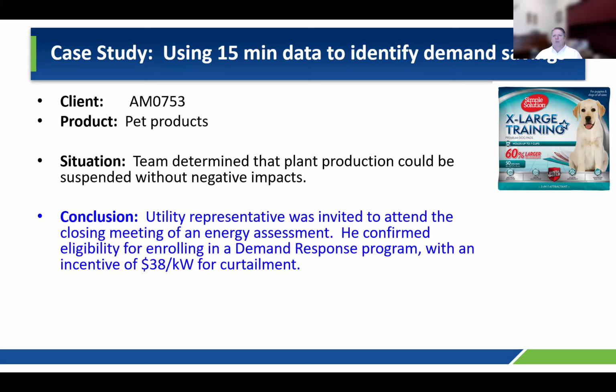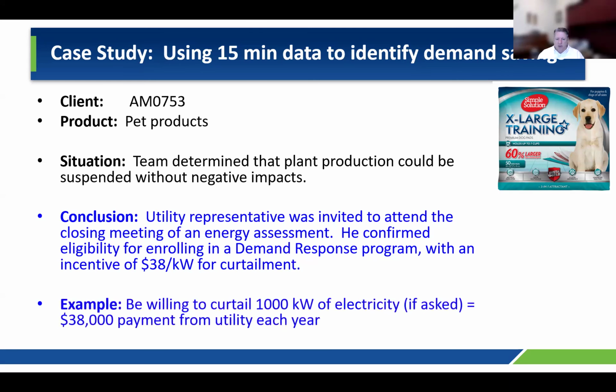This is a program where the plant agrees that if they get a phone call that the grid is about to be overwhelmed, they will reduce their usage by a predetermined amount. And for being willing to take that phone call, they get a monthly payment of $38 per kilowatt that they're willing to curtail if asked, if they're ever asked.